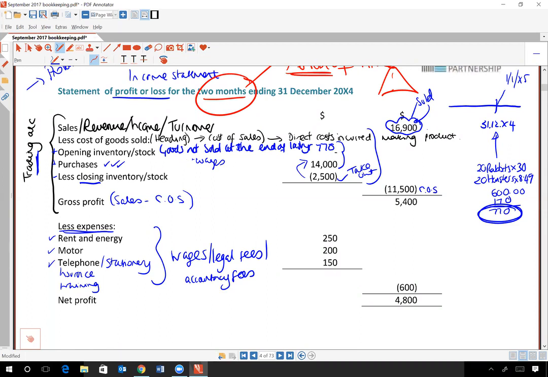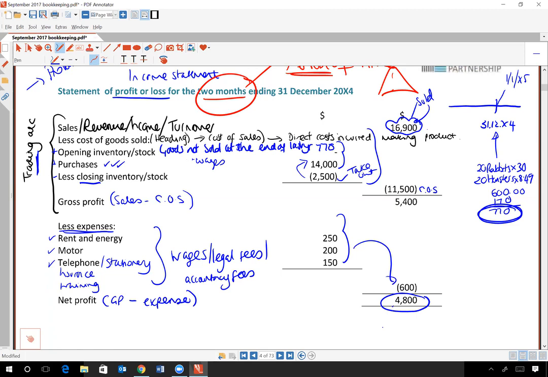So you would then list all your expenses. So you'd list them, you would total them, and that would come off. So you would take your gross profit less expenses to give you your net profit. And where did I say the net profit would go?